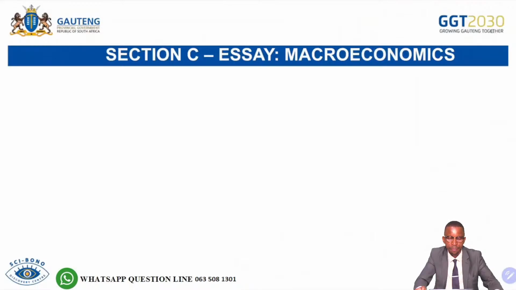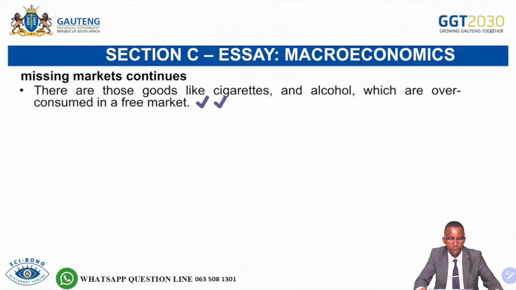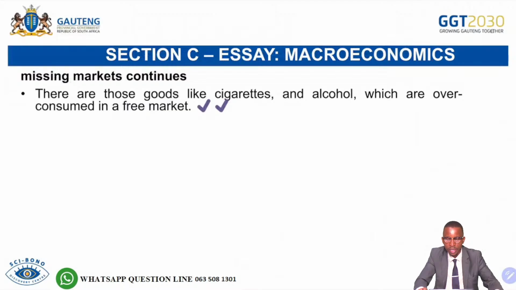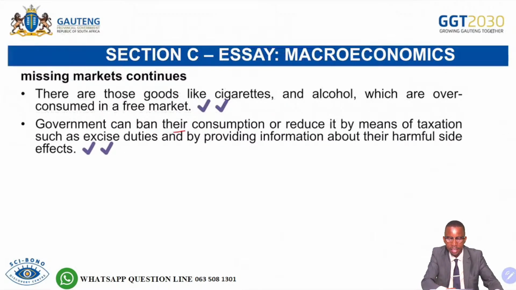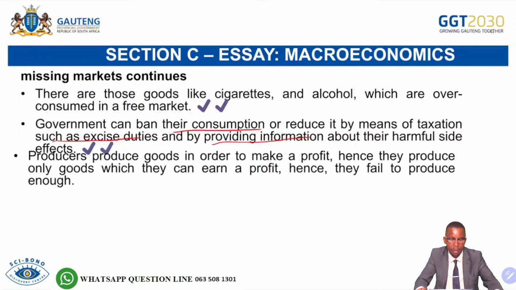Then we continue. Missing markets continues. And then there are those goods like cigarettes and alcohol which are overconsumed in the market, which are regarded as demerit goods. Government can ban their consumption or reduce it by means of taxation, such as excise duties, and by providing information about their harmful effects in the packaging.